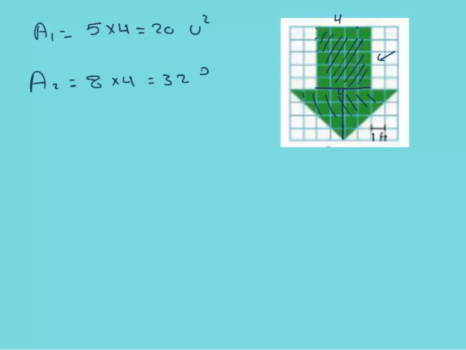You can say feet square, and here instead of unit square also put feet square. Now to find the total area, you will add them, 20 plus 32. The answer is 52 feet square.